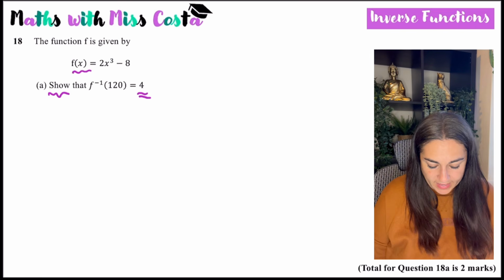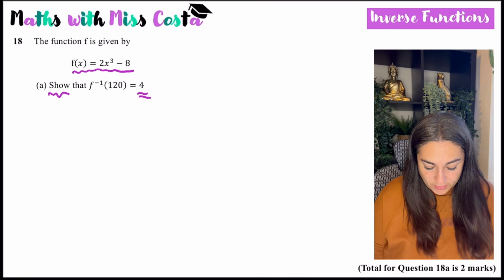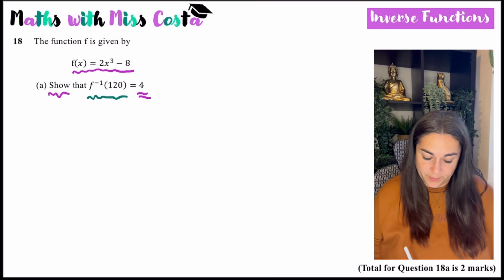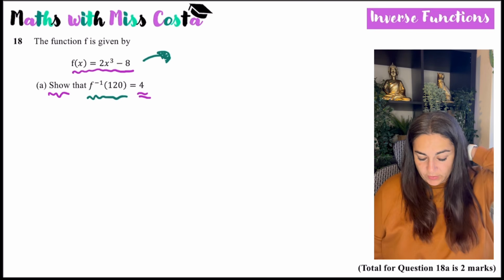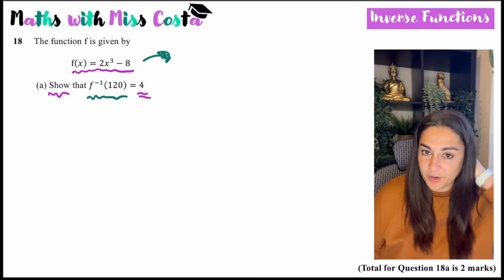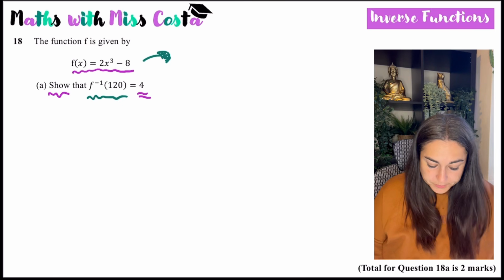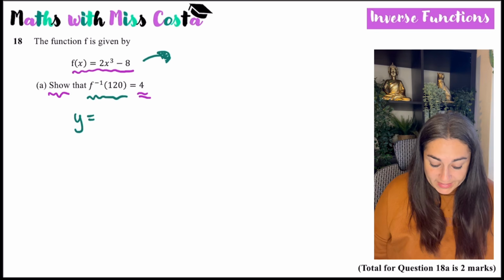So I'm told that f of x is 2x cubed minus 8, and I need to show that the inverse of f of 120 is 4. So I need to work out the inverse of this function. There are a few ways that you can do it. You can either do it the function machine way, so going forwards and backwards, or a shortcut method is we replace f of x with y.